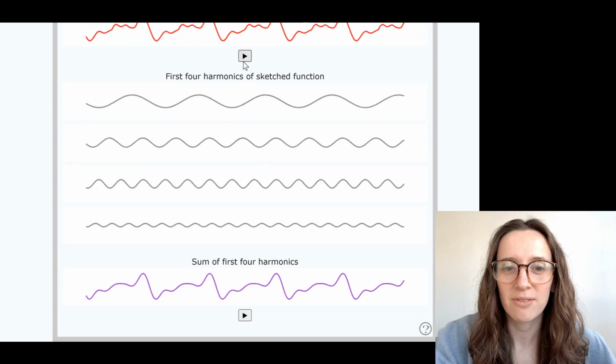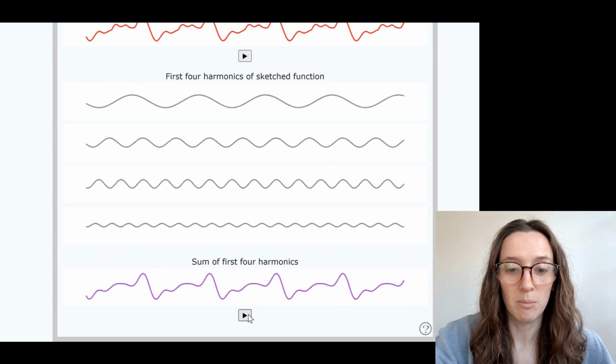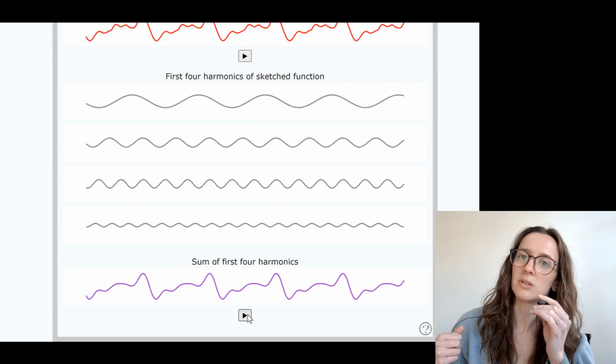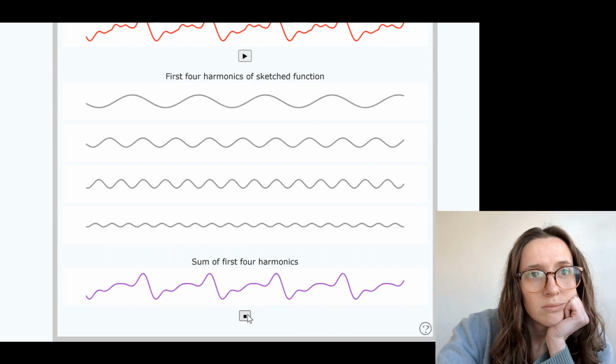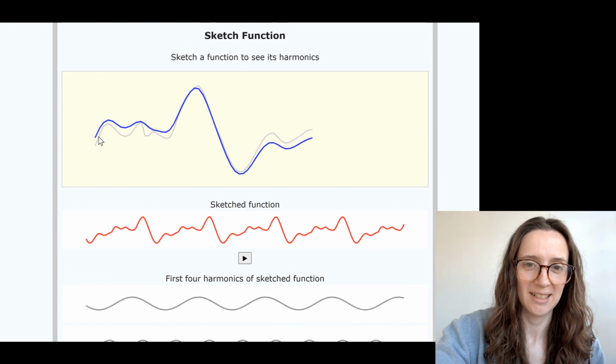Can your ear hear the difference between one tone and multiple? Maybe we gotta stick our earphones in for this. Let's try a different curve.